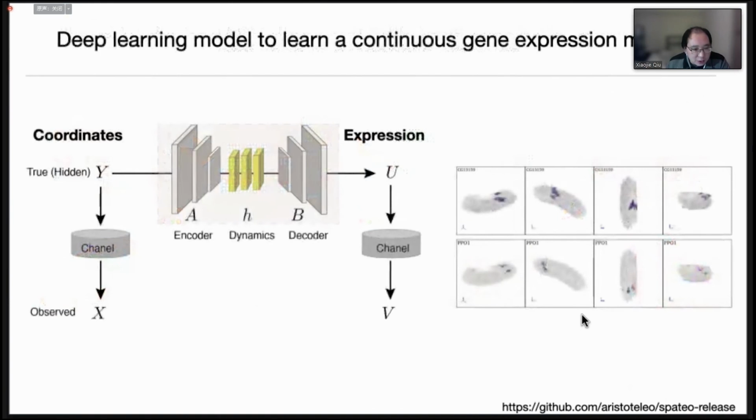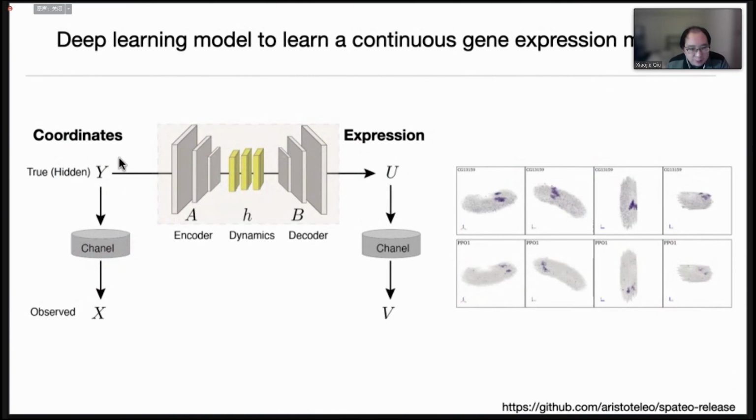It is also clear that even with this serial section and 3D reconstruction, the reconstructed embryo will undoubtedly have gaps in the middle and also be missing a lot of cells. Therefore, we also built a deep learning framework to learn a continuous gene expression model.